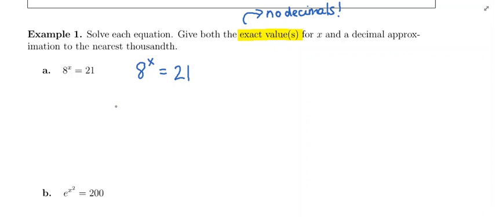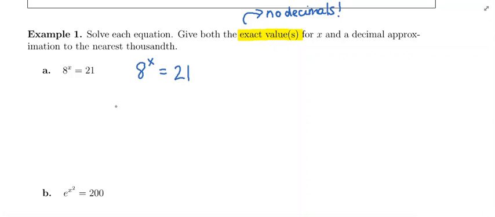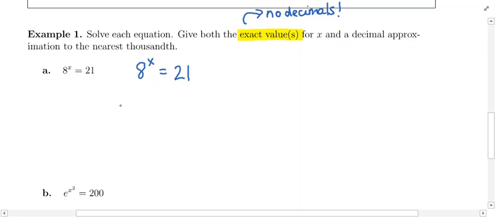But here, the base of the exponential is 8. You could use log base 8, but that doesn't have a button on my calculator that I can easily access. So I'm going to use ln or log, and it doesn't matter which one you use here. You'll get the same answer. I'm going to use log, but you could use ln. So we're going to take the logarithm of both sides.